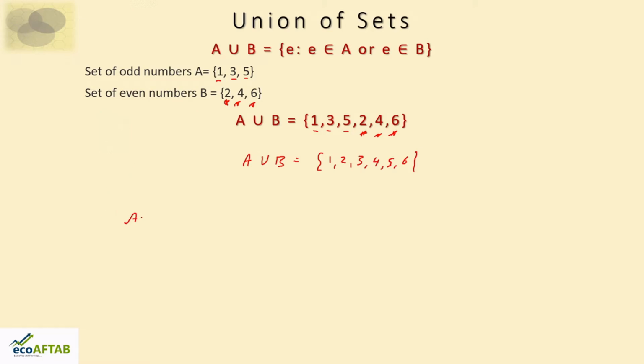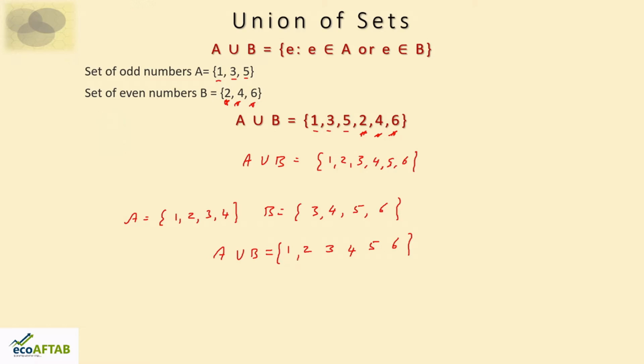Let us say set A is 1, 2, 3, 4. Set B is 3, 4, 5, 6. So now what is A union B? A union B is all the elements of set A, 1, 2, 3, 4, and all the elements of set B. Already we have taken 3 and 4, so the remaining are 5, 6.